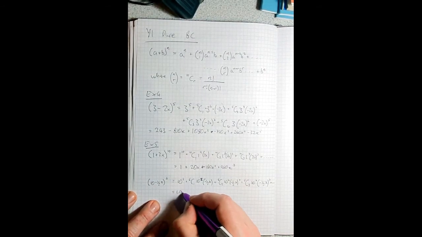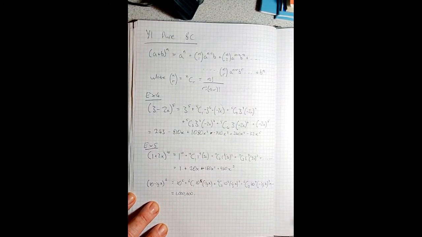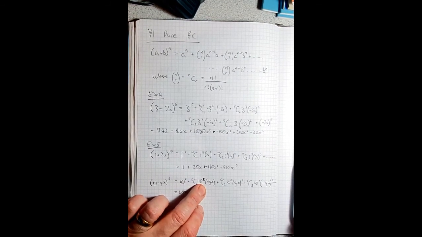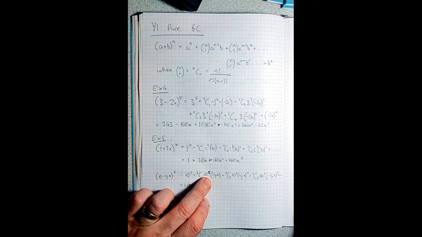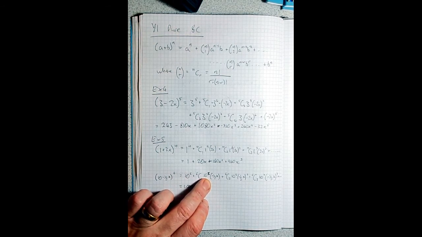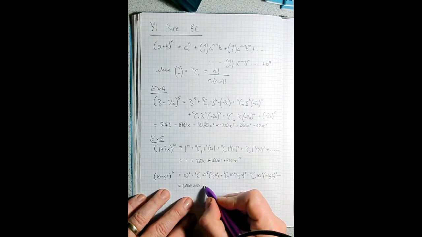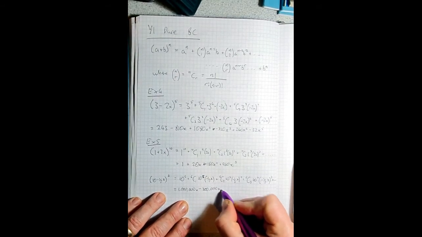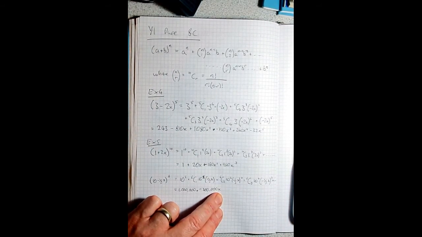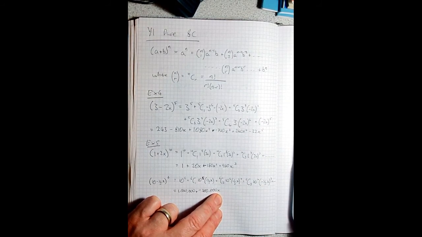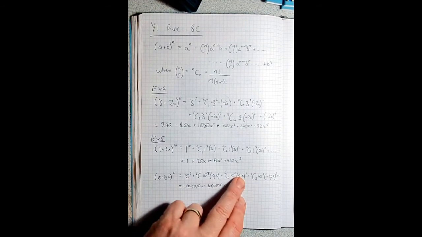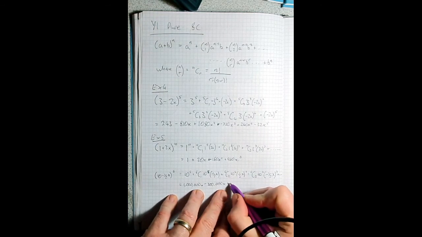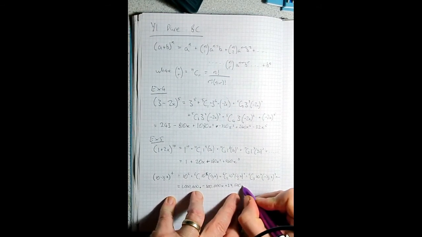10 to the 6 is 1,000,000. 6 times 10, 100,000. 600,000 times minus a half, so minus 300,000x. 6C2 times 10,000, and of course I'm now going to times by a quarter and make it a positive because it's a negative squared.